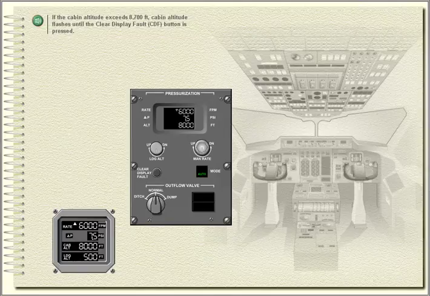If the cabin altitude exceeds 8,700 feet, cabin altitude flashes until the Clear Display Fault CDF button is pressed.